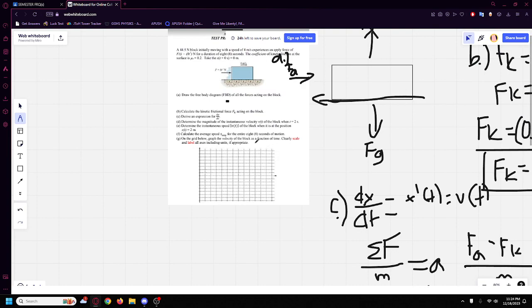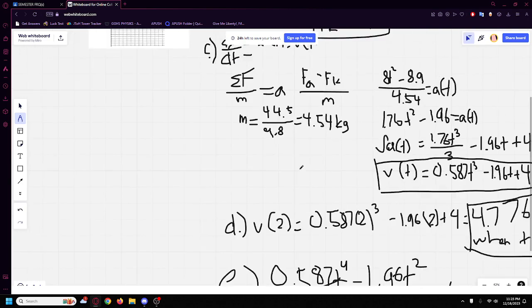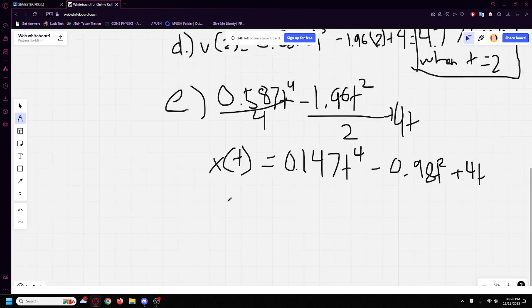The question asked to find the instantaneous speed when it is at the position x of t equals 2 meters. So set x of t equal to 2 and set this equal to the function. You subtract 2 from both sides, and then use a polynomial solver in your calculator to find t.